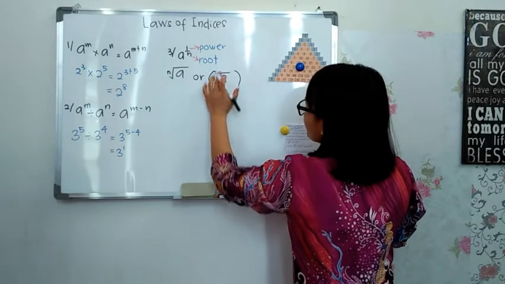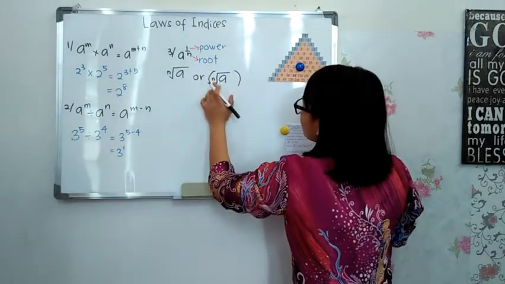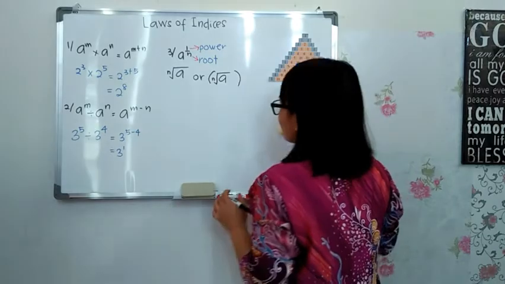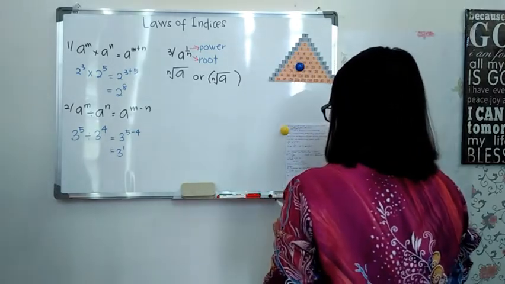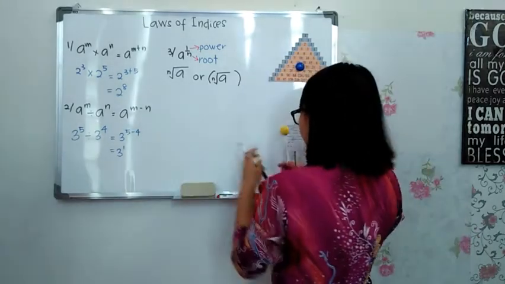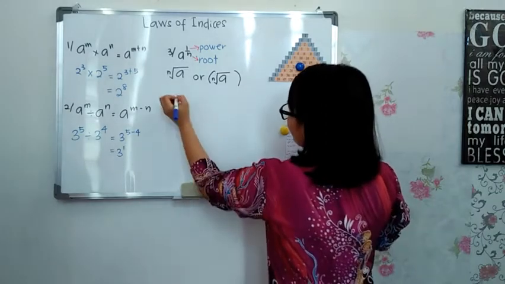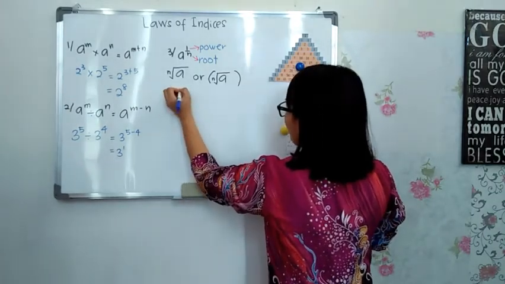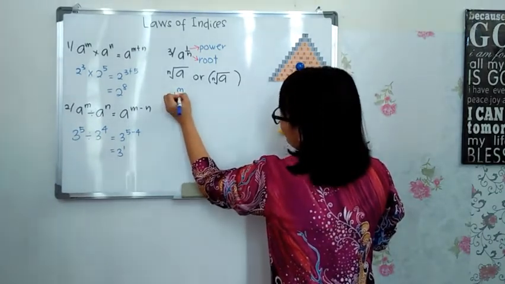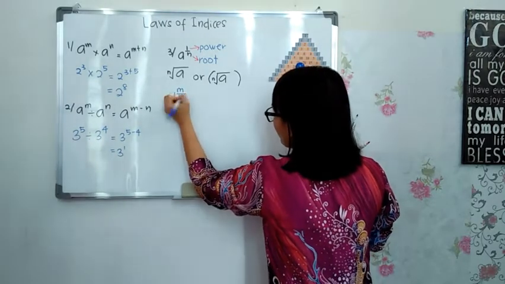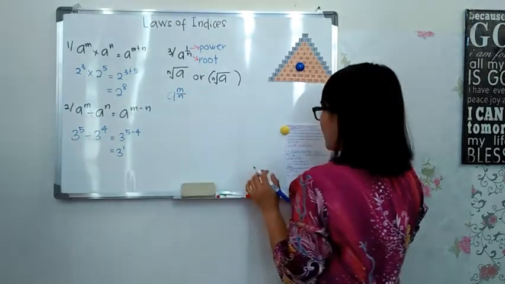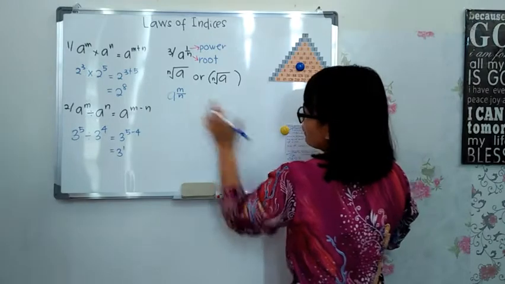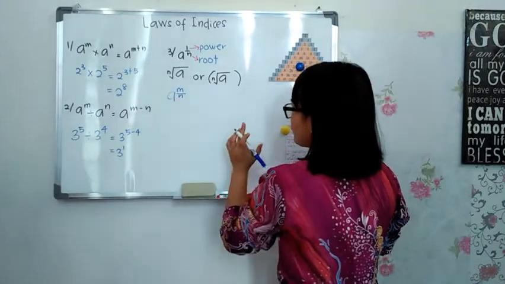Root means power. Okay, for example, a to the power of n over m. How to solve this question?